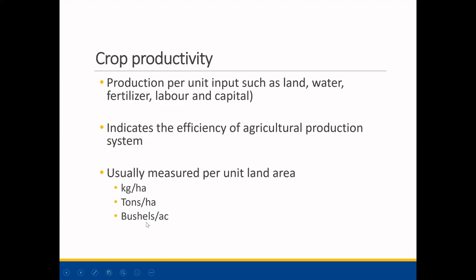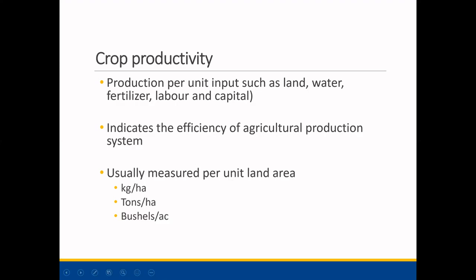This is not an SI unit. It is an empirical unit; in the United States they mostly use these empirical units. Different countries can use different units, but whatever it is, it is generally measured per unit land area.